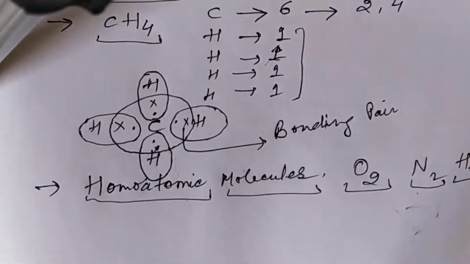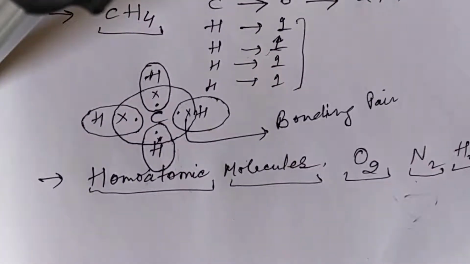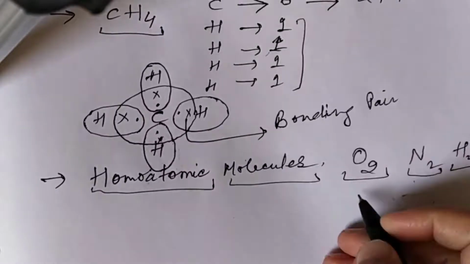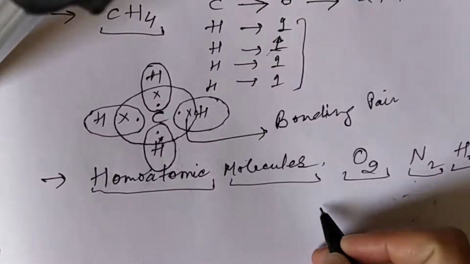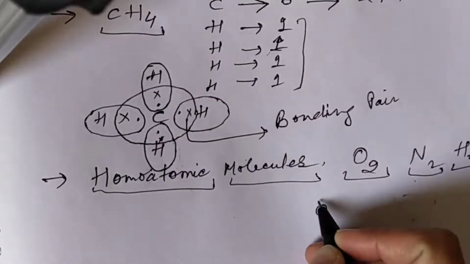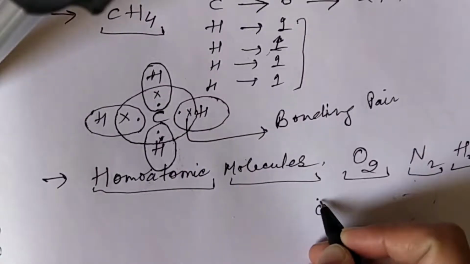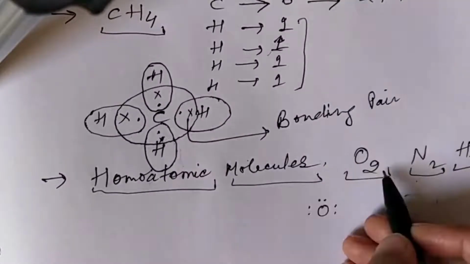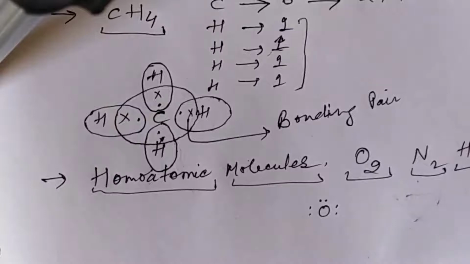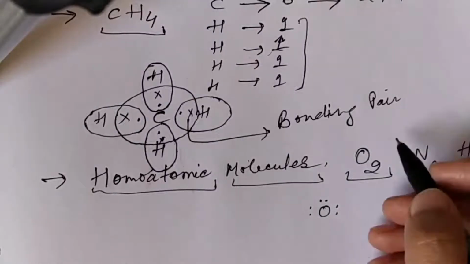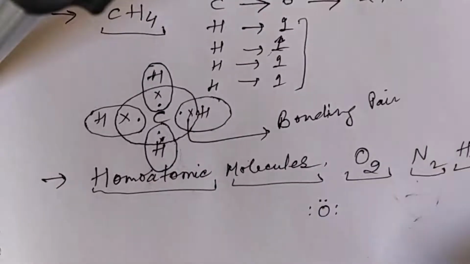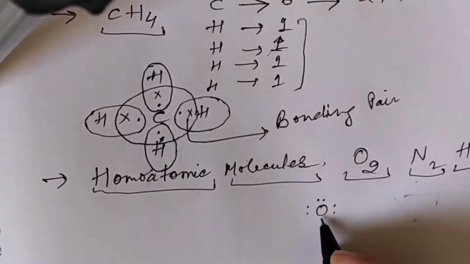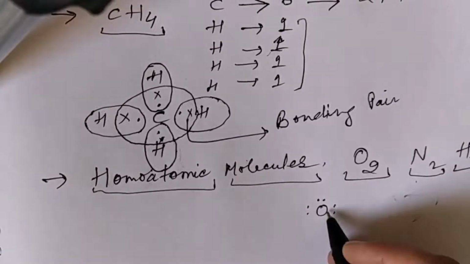How will you explain it? See here, oxygen has 6 electrons in its valence shell, because we are also writing the electron dot structure. In the electron dot structure, on the symbol of the element, we write only the valence electrons present on the respective element.